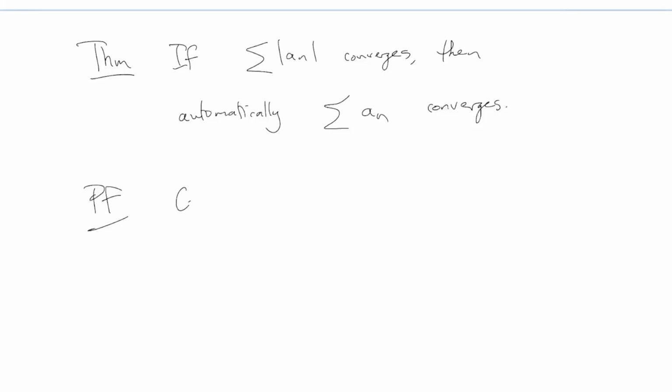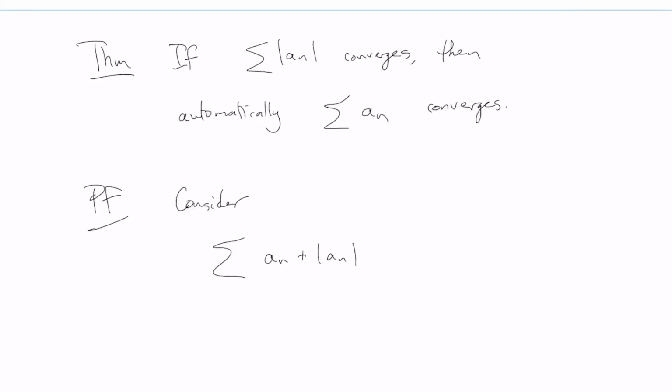Check it out. Consider the sum of an plus the absolute value of an. I am instead going to consider this thing and think about what those numbers actually are. When you add one number plus its own absolute value, what is the answer?